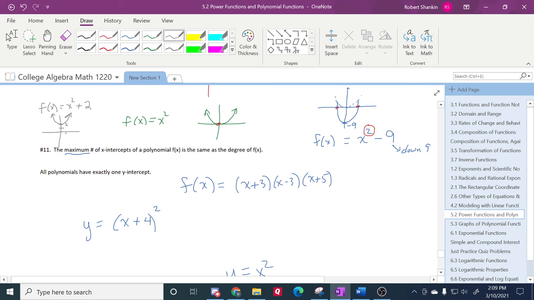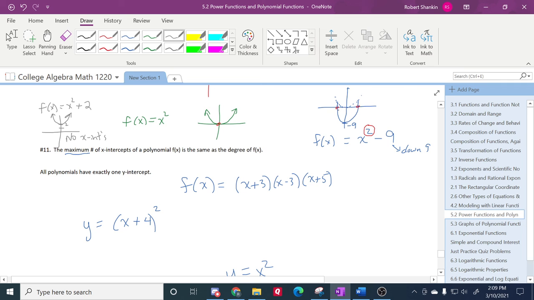And it has no x-intercepts. So a second degree polynomial might have one x-intercept, might have no x-intercepts, but the maximum it can have is 2 x-intercepts. It can never have 3 x-intercepts.